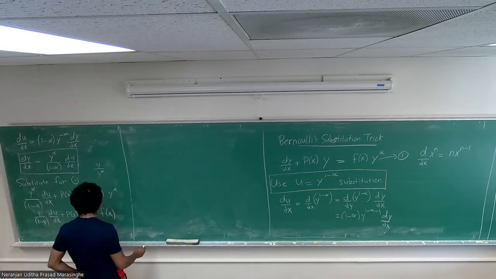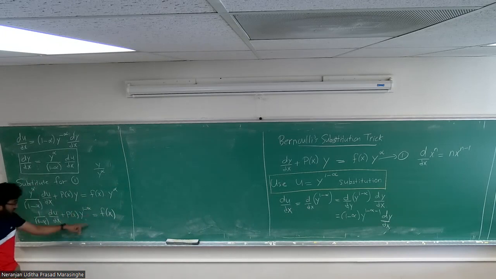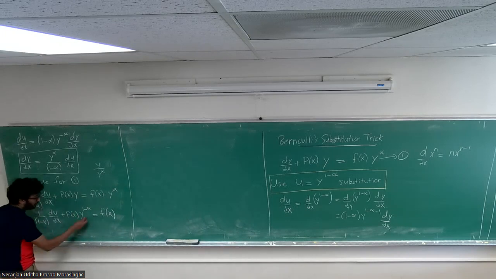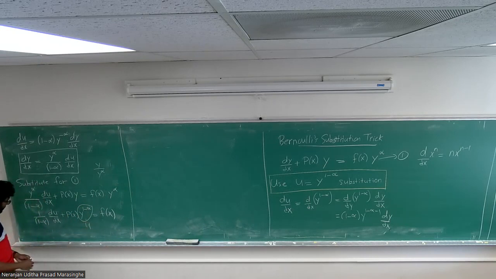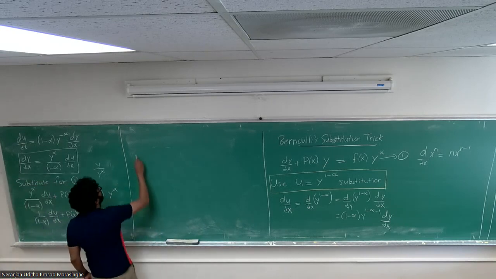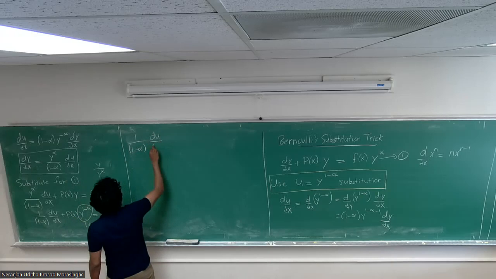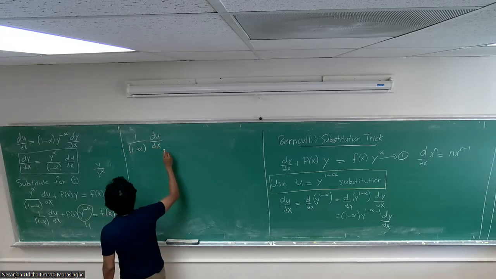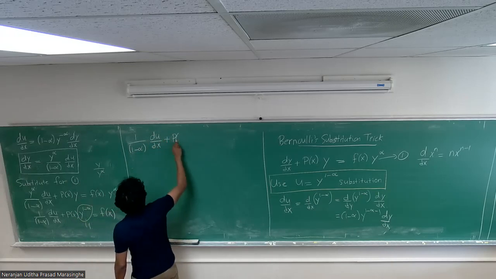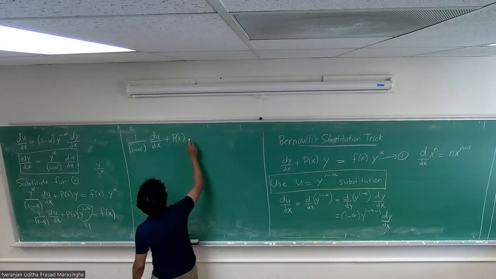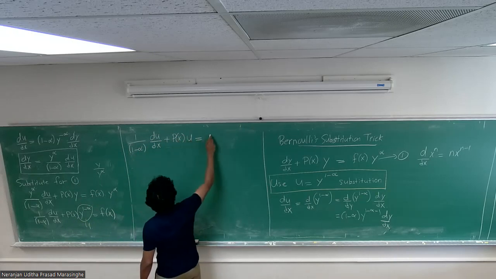So now this is u, so instead of y to the power 1 minus alpha, I would plug in u. 1 divided by 1 minus alpha, du over dx, plus d(x) times u is equal to f(x).